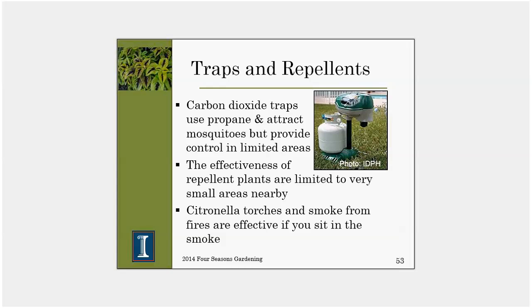The same goes for citronella torches, but if you're sitting in the smoke from it, you won't have any mosquitoes. That's what Native American Indians did to avoid mosquitoes: they sat downwind of a fire in the smoke and didn't have a problem with mosquitoes. So if you want to have your eyes burned from the smoke, you won't have mosquito problems.